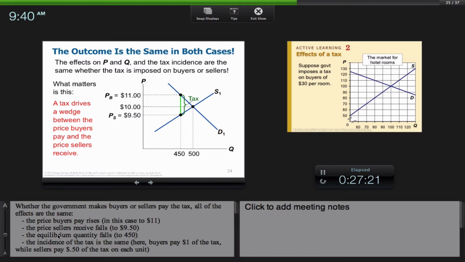Now, when we look at tax incidence, although we know the $1.50 is coming out of the buyer's pocket, tax incidence is calculated from the original equilibrium. So then we say, who's suffering the tax? The buyer has $1 worth of the tax and the seller has 50 cents worth.